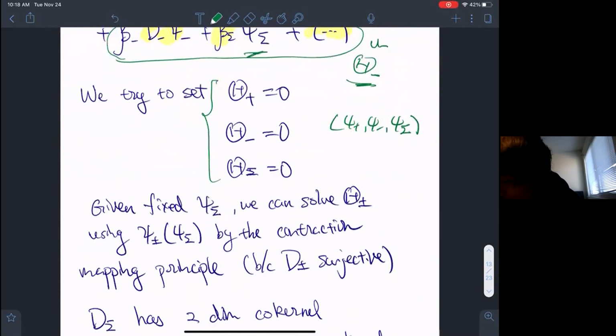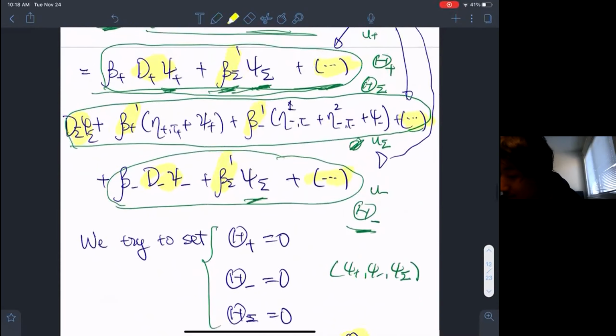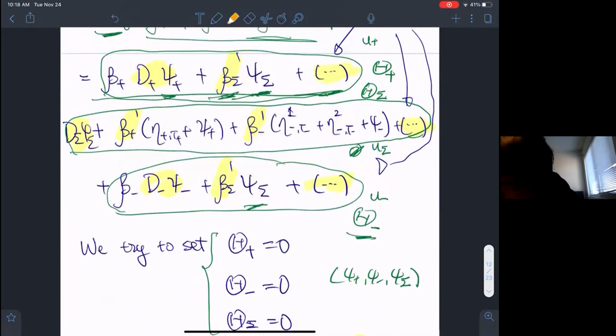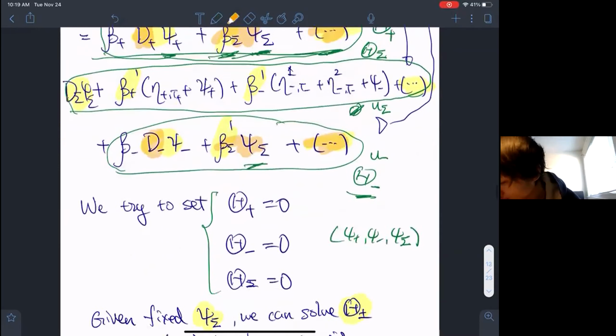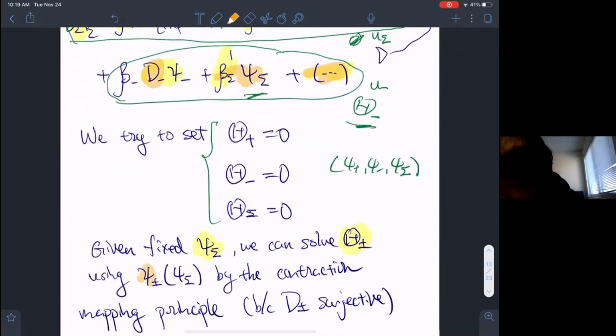So given a fixed psi sigma, I'm going to be able to solve theta plus or minus. This is essentially because these two operators are surjective. There's some kind of source term, and there are some small nonlinear terms. So I'm going to be able to solve both of the equations using a contraction mapping principle, just like in the Morse case. So then I get some psi plus or minus that depends on psi sigma.